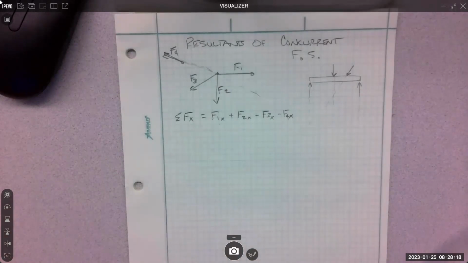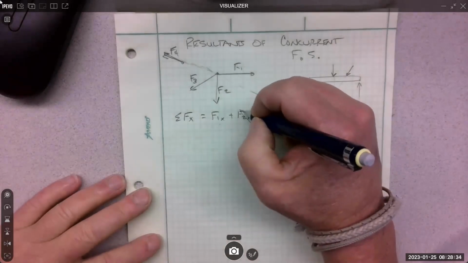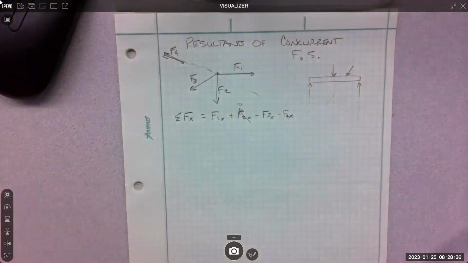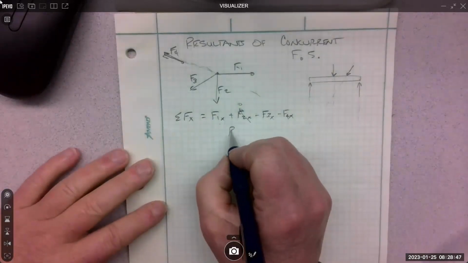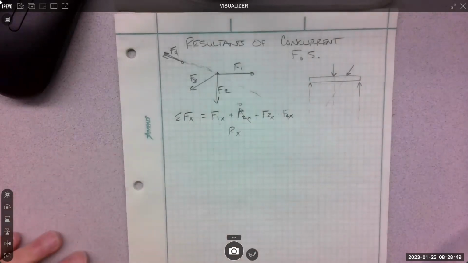F1 is positive, right, because in the X, F1 is positive. What's F2? In the X, F2 is 0, so that's 0. What about F3, positive or negative? Definitely the X component is negative, and F4 has a negative X component, right? All that is going to give us the resultant X component.